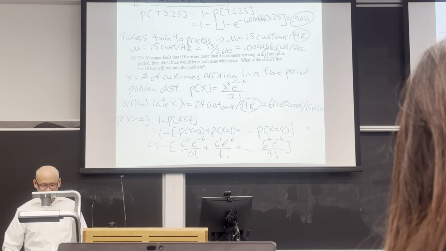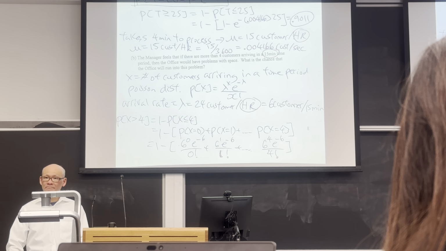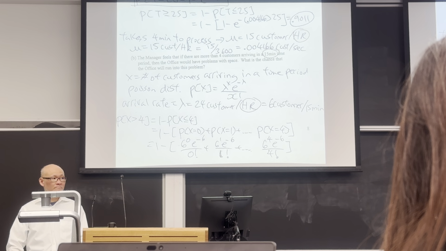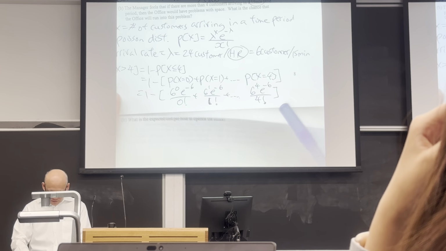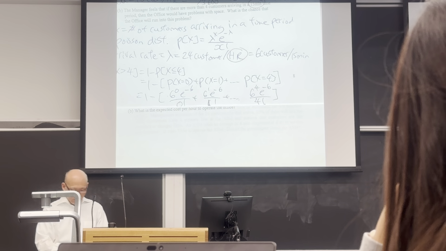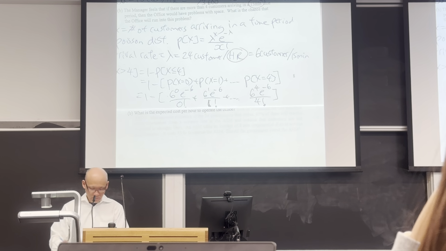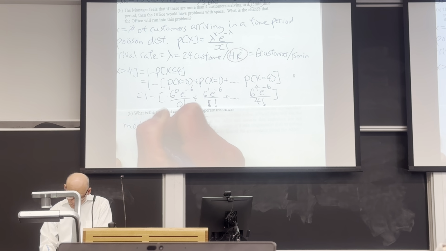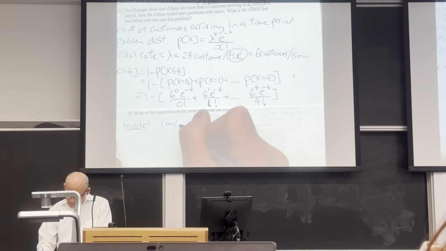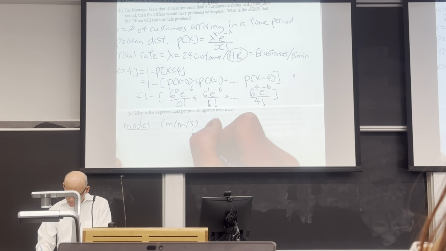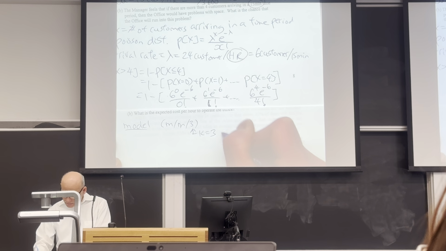Okay, next. What is the expected cost per hour to operate this office? So our model here is the M/M/3 because we have k equal to 3 clerks.